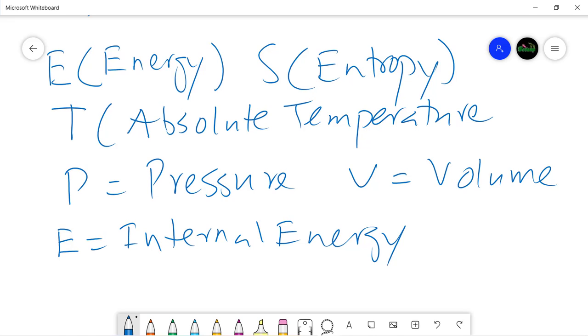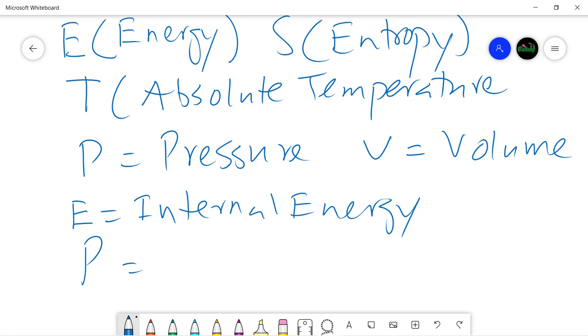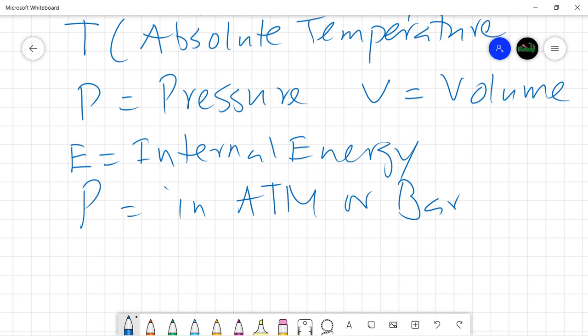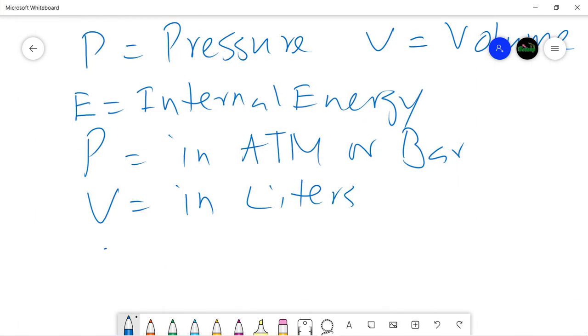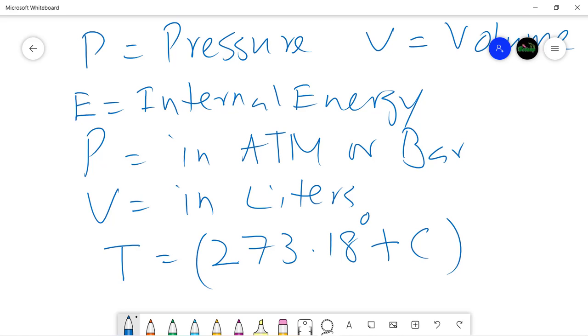So the sum of all energies is the total energy, E. Pressure P is mostly measured in atmospheres or bars. Volume we usually measure in liters. T is the absolute temperature, which is 273.18 plus the temperature in degrees C. And S is the entropy, or the disorder, that we have already discussed in the previous video.